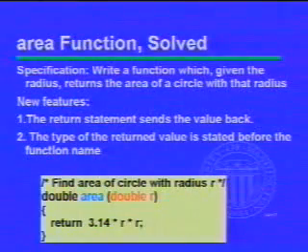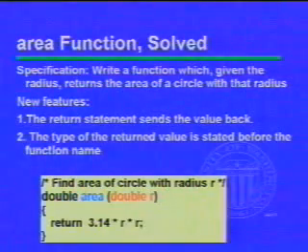The word double in front of area is a familiar word. That's our old friend, the keyword that says we're defining a type, a value of type double. Okay. What we're doing here is defining the return value's type. So by writing the word double in front of the function name, I'm saying this function returns a value of type double.